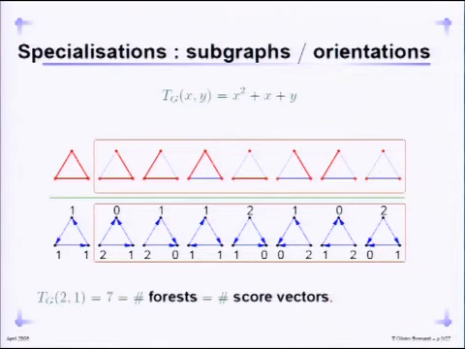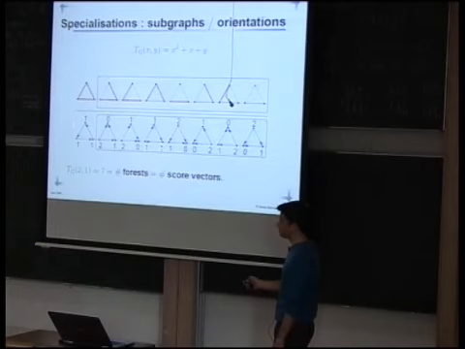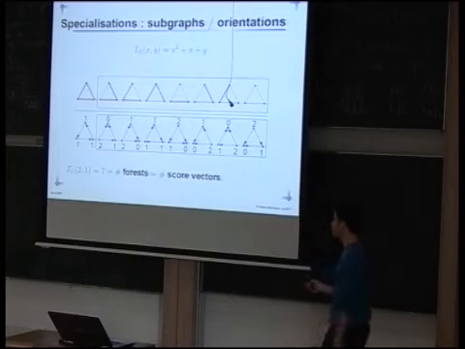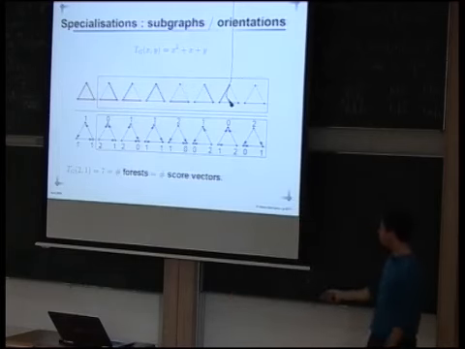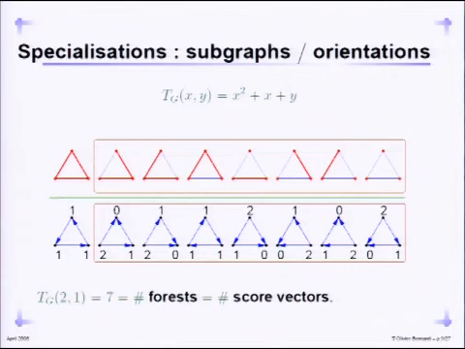So for instance, here I have indicated a unique representative of all the score vectors of this graph. This score vector is represented also here. So I have chosen a unique representative of each score vector, and here I am also counting score vectors by this evaluation. Is there any canonical choice of a single representative in a class?